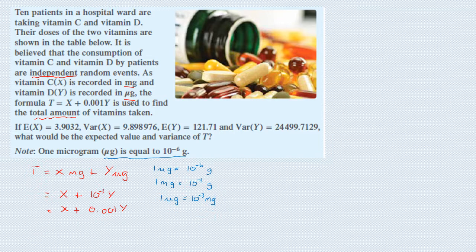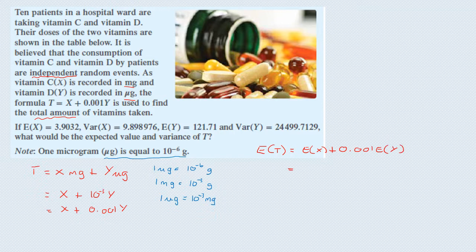So then we can use those formulas. If I want to find the expected value of T, we take our expected value of X and add to that 0.001 times the expected value of Y, using that formula from earlier.